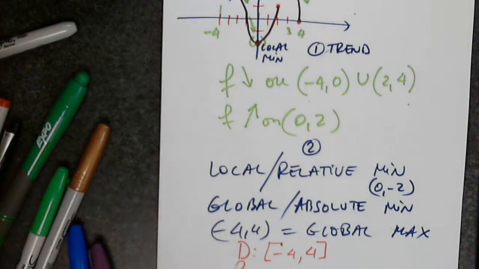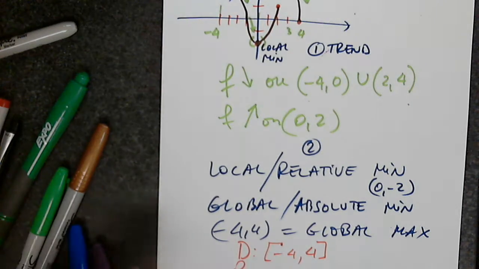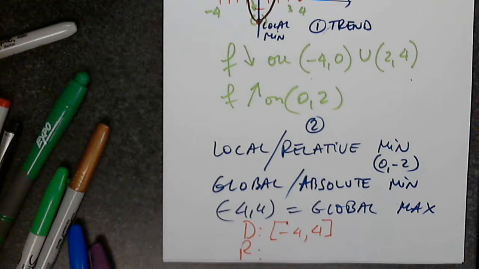It hits everywhere. All vertical lines that you draw will hit the graph of a function in one point only, anywhere between -4 and 4. Perfect. Now about the range. From the lowest y value till the largest y value where horizontal lines cross the graph.